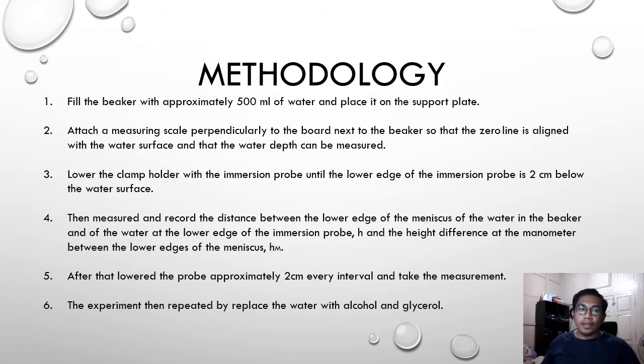The next step, the probe is lowered by approximately 2 cm at every interval and the measurement is recorded. The experiment is then repeated by replacing the water with alcohol and glycerol.